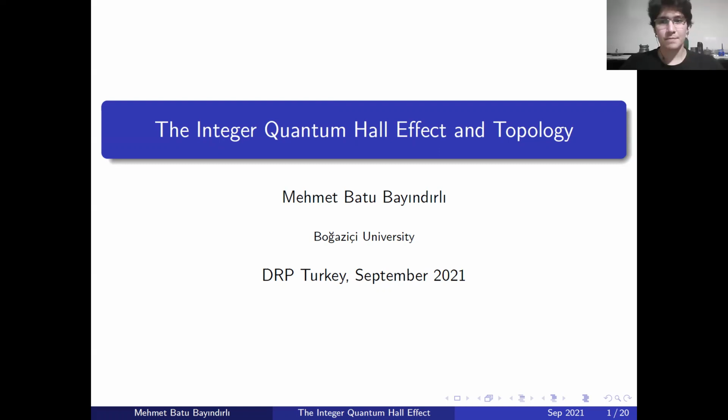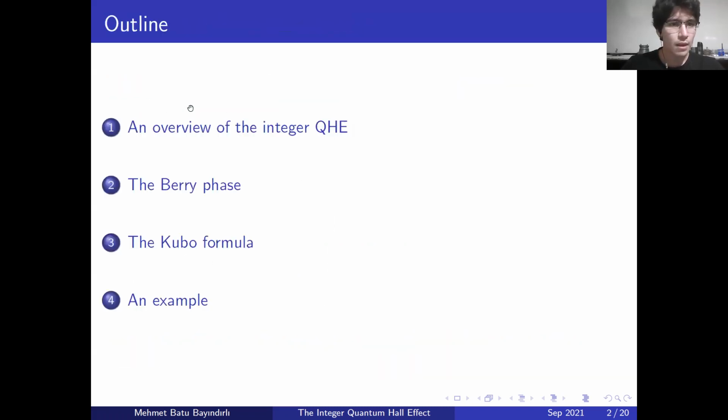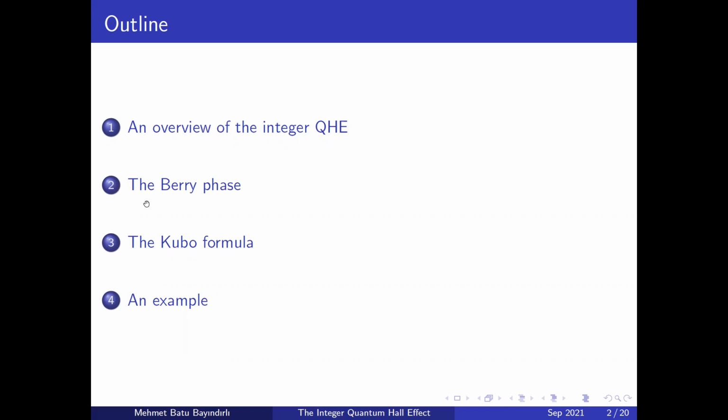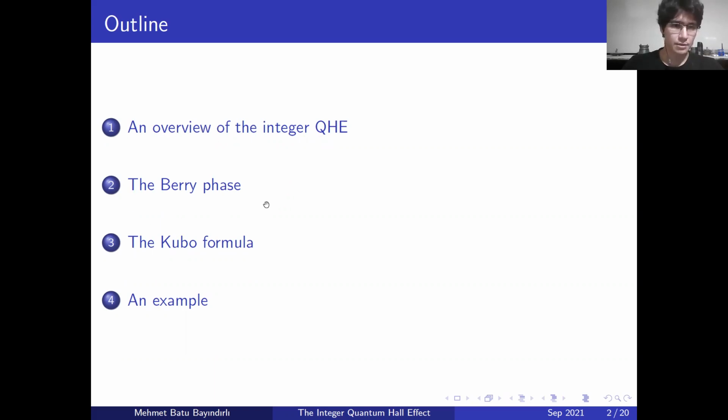Okay, today my talk will be about the integer quantum Hall effect and its relation to topology. To give a brief outline, I'll first give a brief overview of the integer quantum Hall effect and define some principal concepts. And then I'll introduce a concept called the Berry phase, which arises in some quantum mechanical systems.